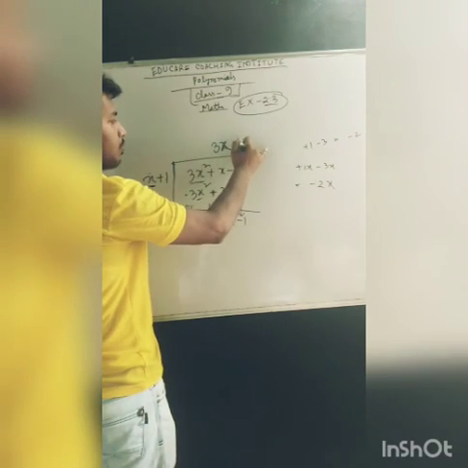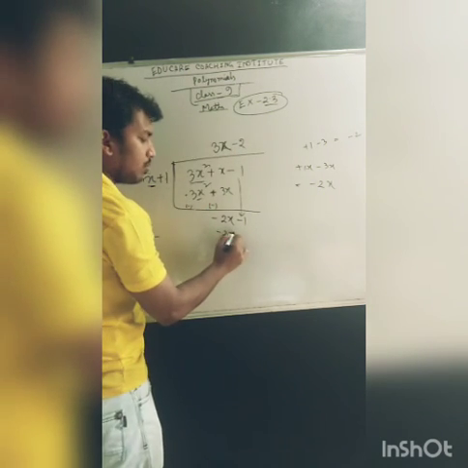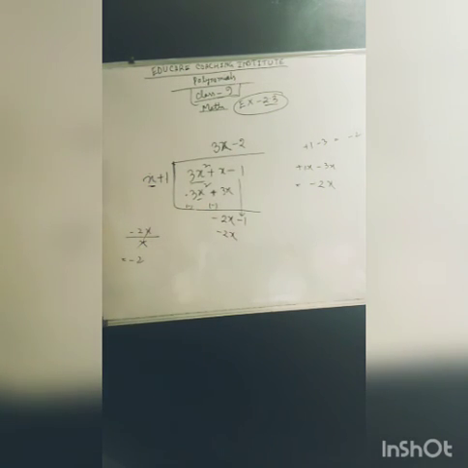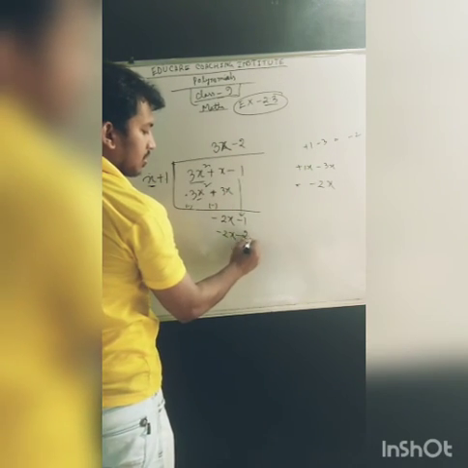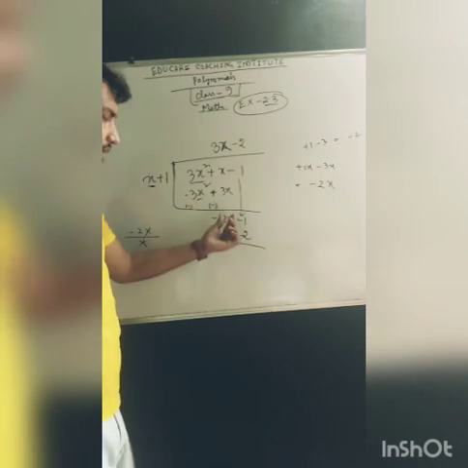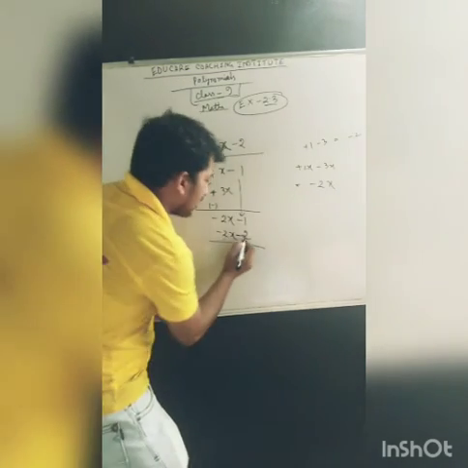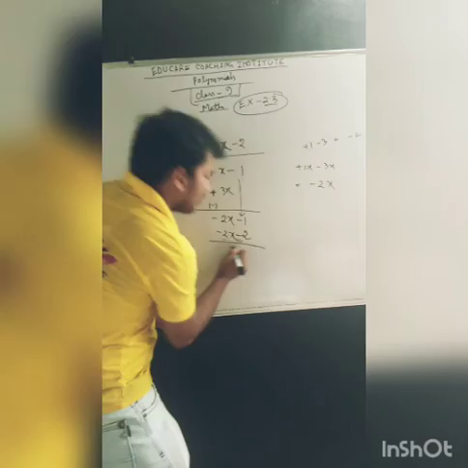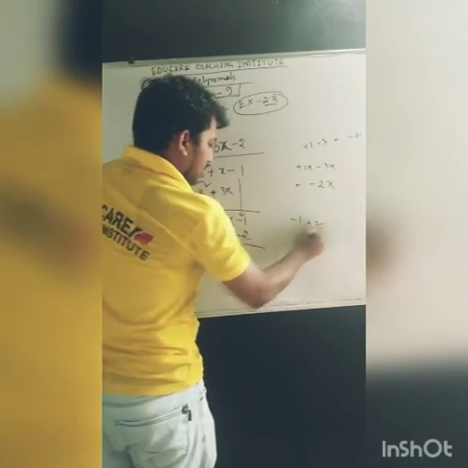If we put minus 2 here, minus 2 into x means minus 2x, and minus 2 into 1 matches, so we don't have to do any calculation here. But since this is the second line, this minus will be reversed into plus.